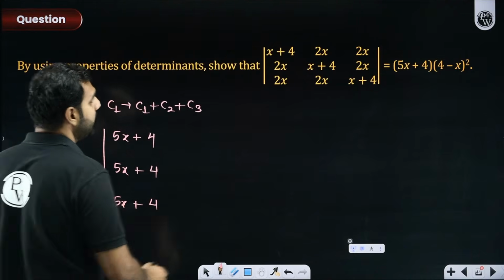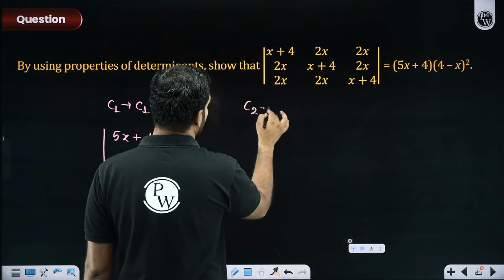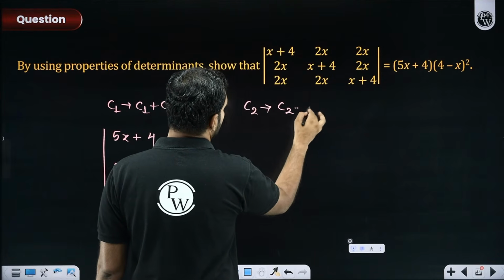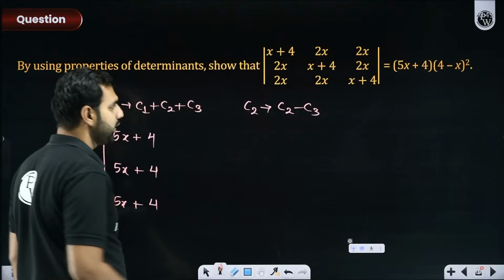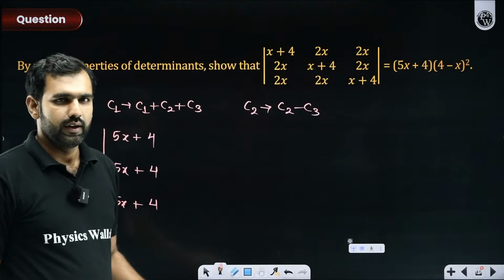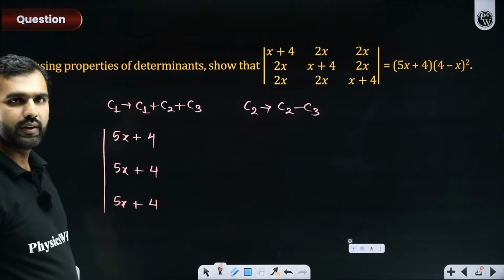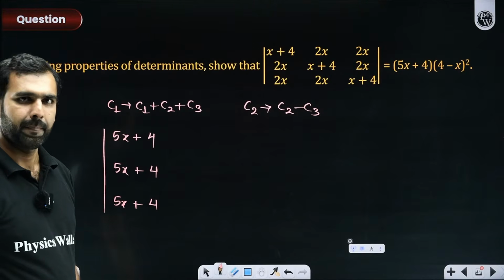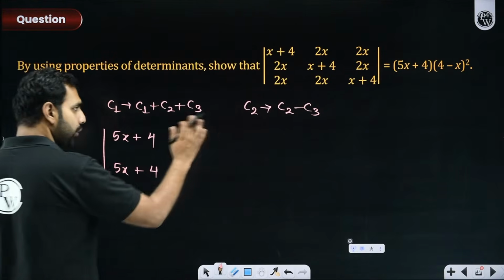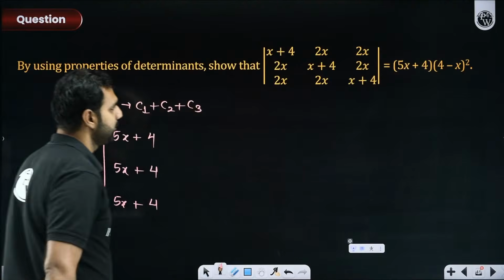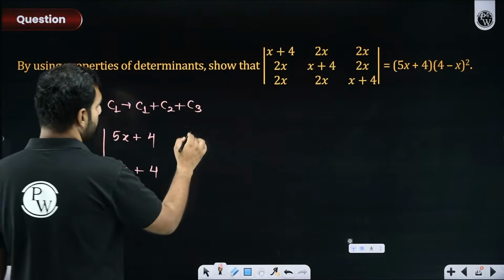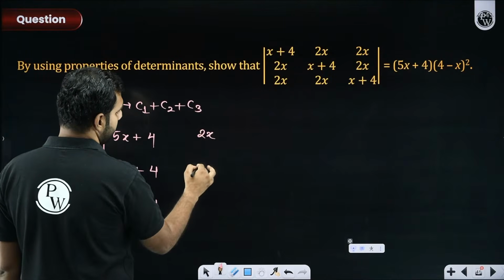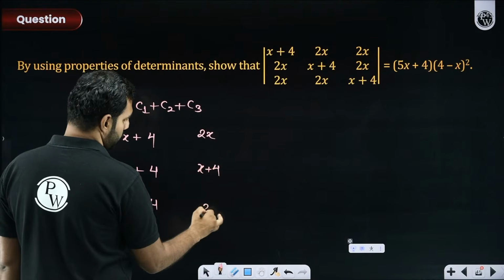If you want, you can. Let's say I'm performing one more operation, updating column 2 by column 2 minus column 3. Although if you don't want to, you can leave it here as well. The second column remains 2x, x plus 4, 2x.